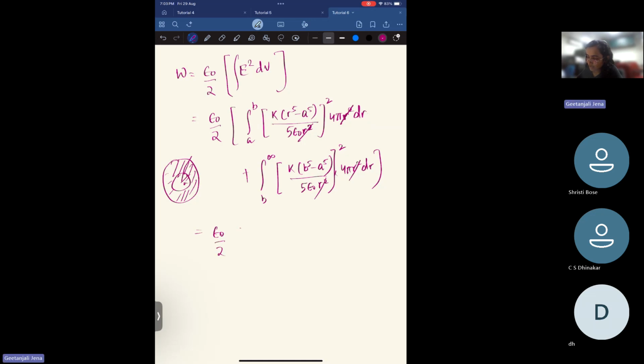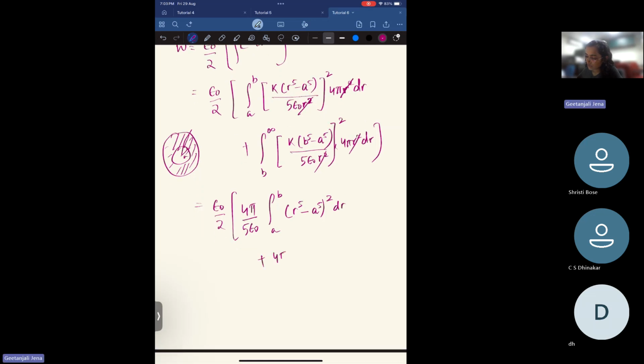So I think you can easily find out the integration, right? This is 4 pi over 5 epsilon naught, integral from a to b of r to power 5 minus a to power 5 square dr, plus 4 pi by 5 epsilon naught, integral from b to infinity. So these are constant.